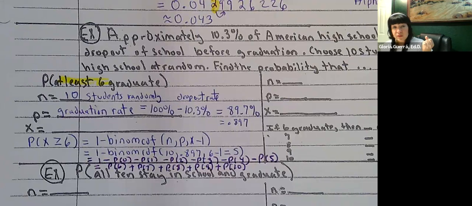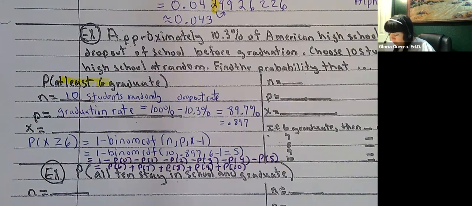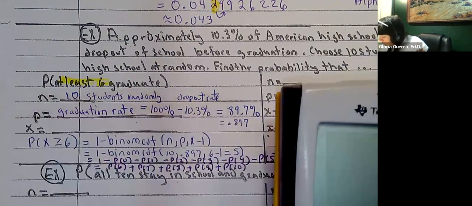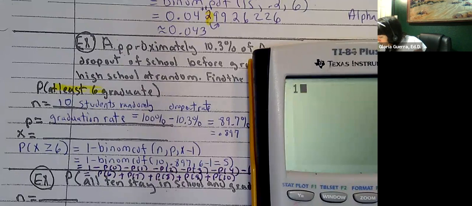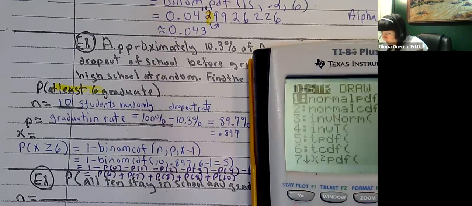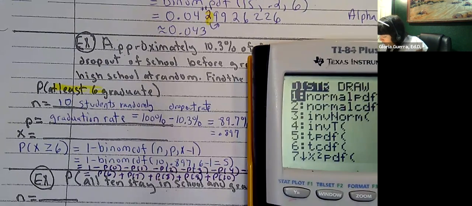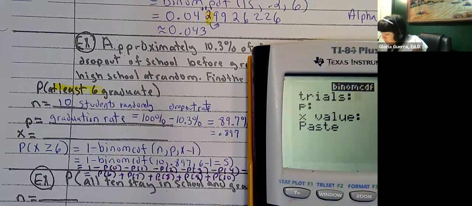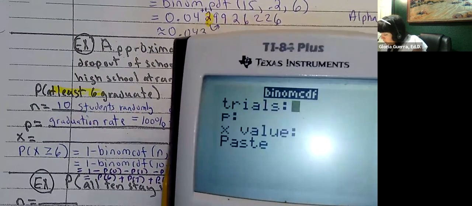Okay, so when you type that in your calculator, you have to remember to do 1 minus. So 1 minus second vars, and then alpha, and then you want to do apps, right? Because it's a CDF.